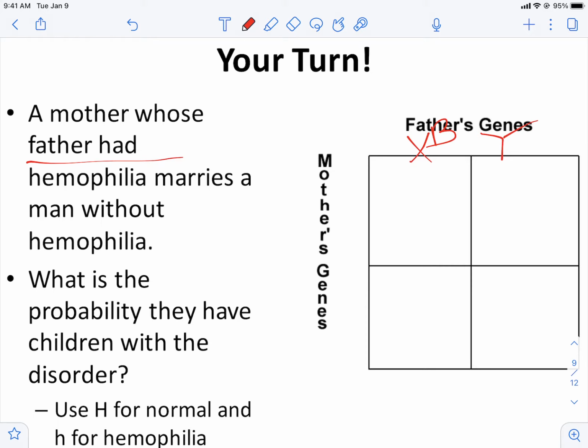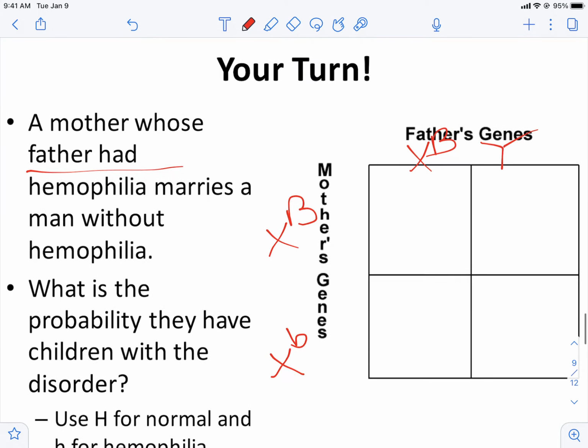Now the mom does not have hemophilia, but her dad did. So if it's a recessive trait, that means if mom doesn't have it, she has to have that dominant allele to show that she doesn't have the recessive trait, but her dad did. And she got her X chromosome from her dad. She didn't get the Y because she's a female. So she is going to be this.